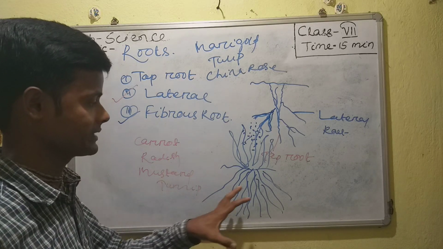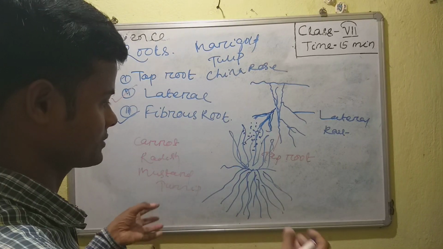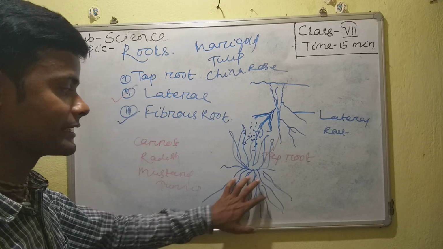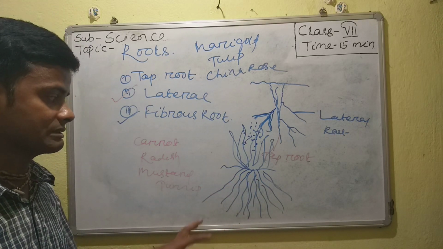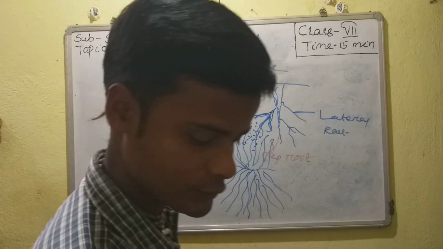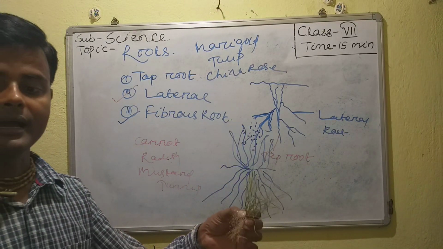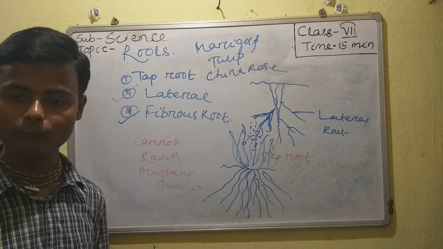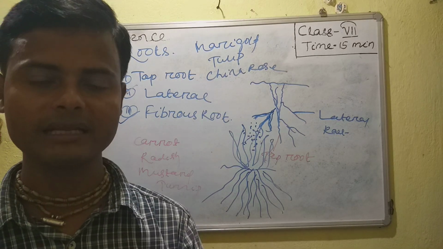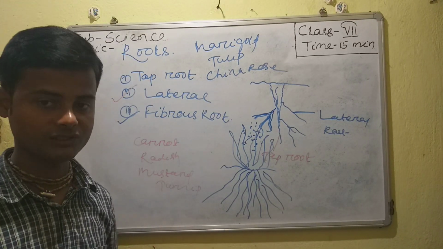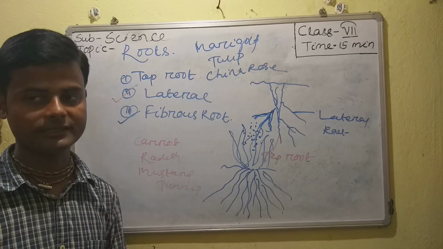And fibrous root means there are many roots, smaller in size, and many roots come from the stem of the plants directly. As I showed you in grass, banana, wheat, maize, and bamboo, these are hairy roots, and their function is mostly absorption of plant supplements and water from the soil.